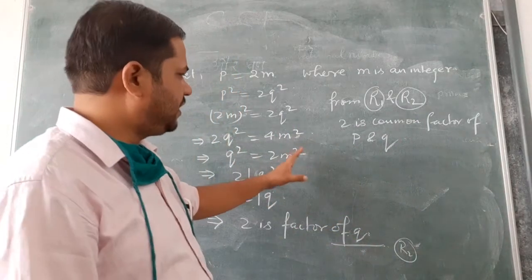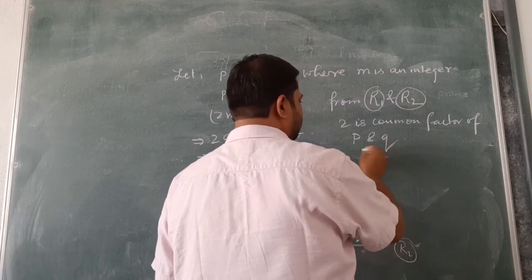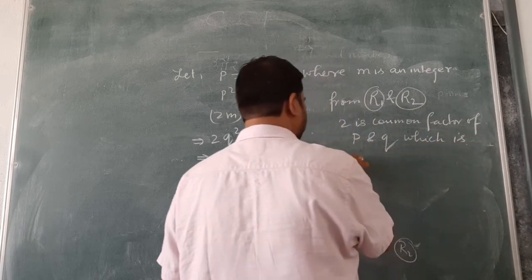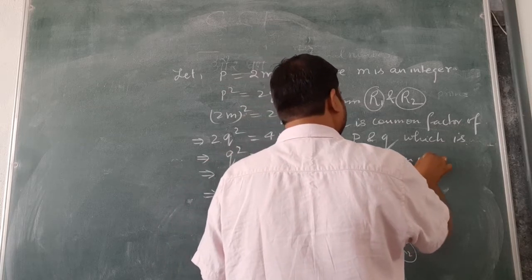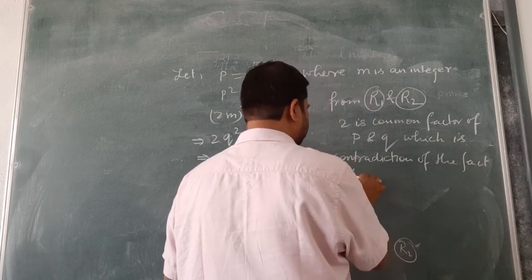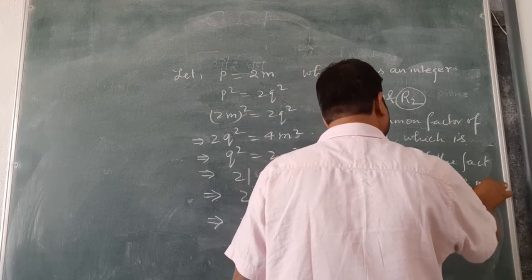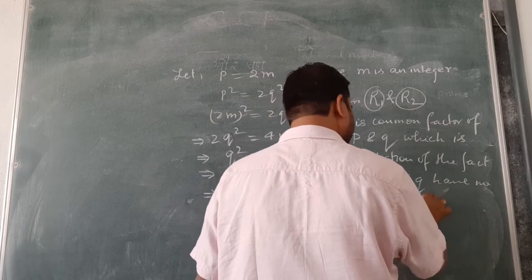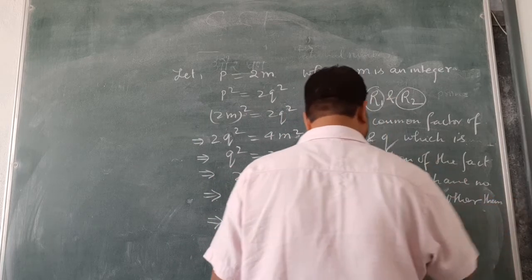So what you have written here: 2 is a common factor of p and q, which is a contradiction of the fact that p and q have no common factor other than 1.